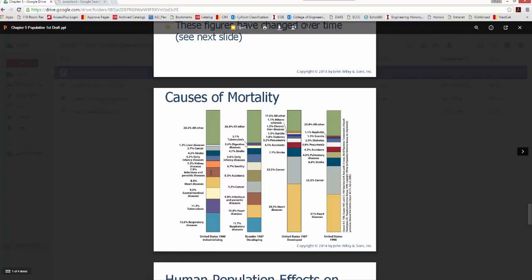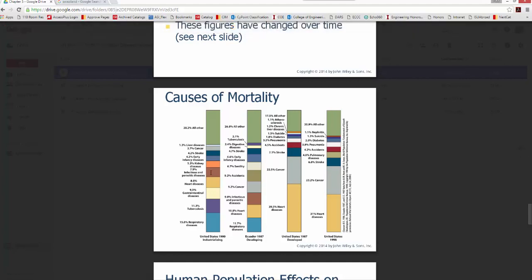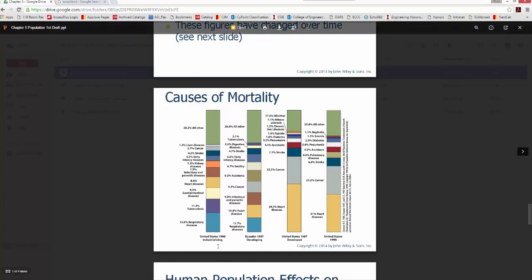The mortality rate was about 8% from infectious and parasitic diseases in 1900. And now I can't even find it over here. So you can see as we've gone 100 years into the future how that has changed.